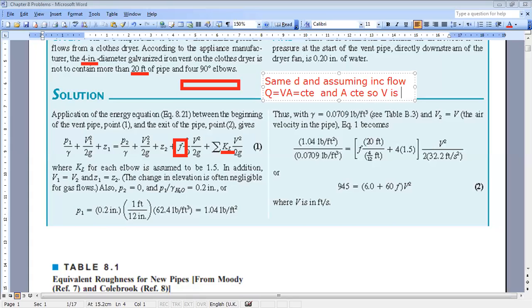So V is the same. Okay, this is why here we have that V1 is equal to V2 and equal to the velocity inside my duct, equal to V at any place of my duct.